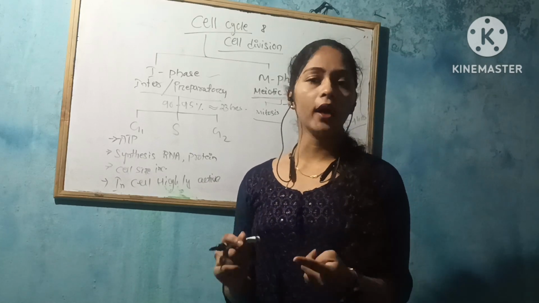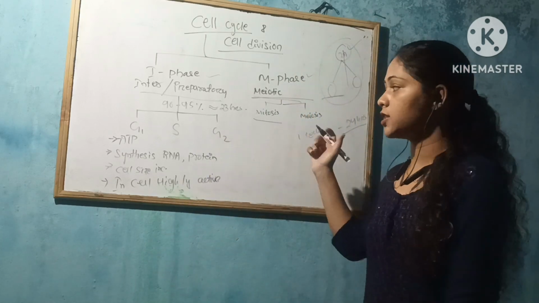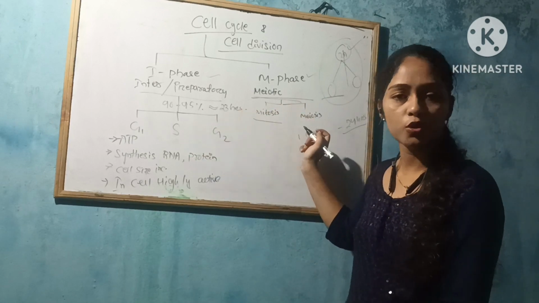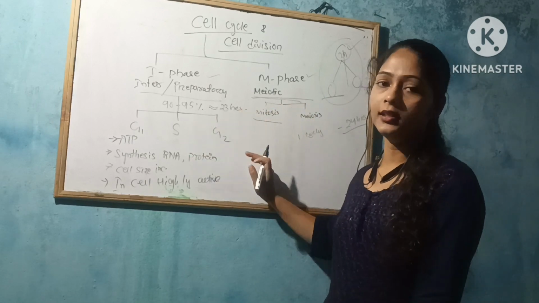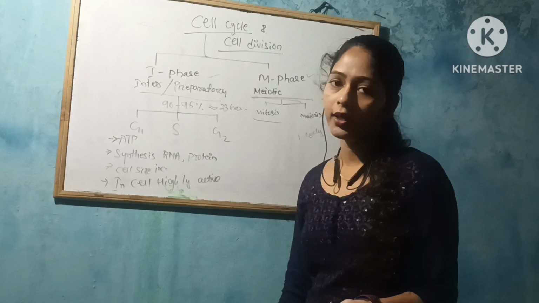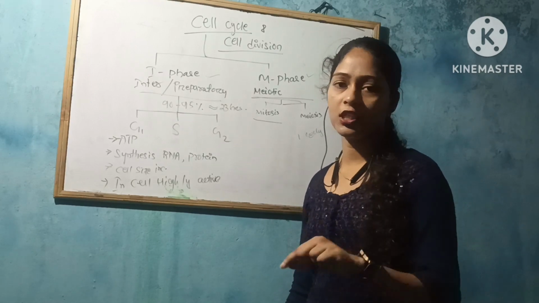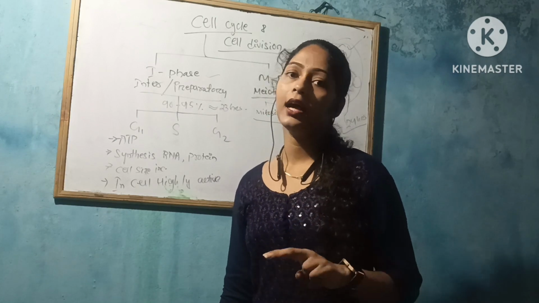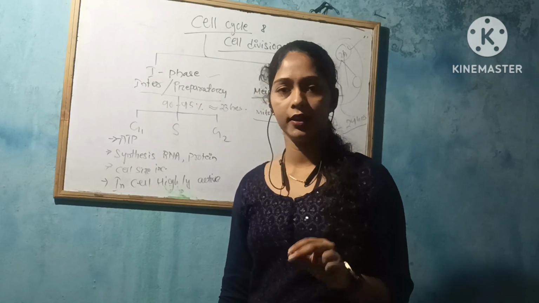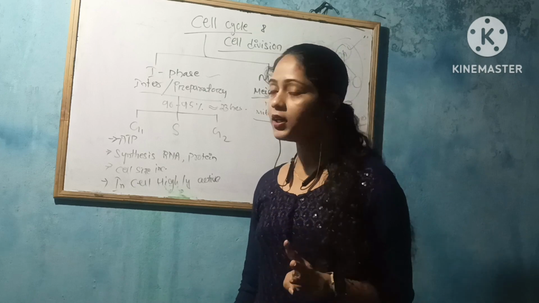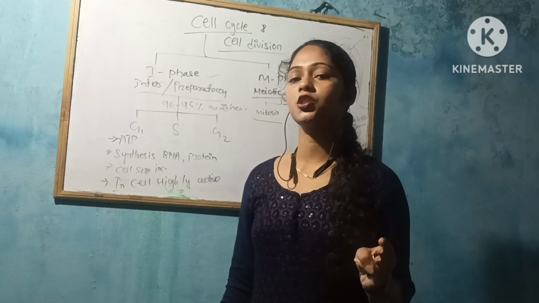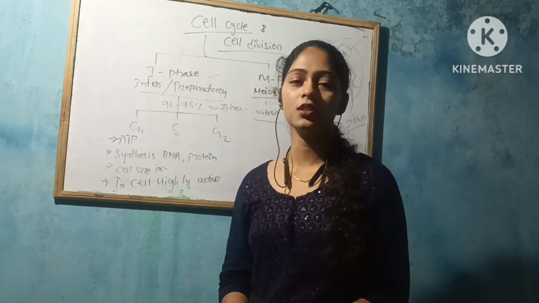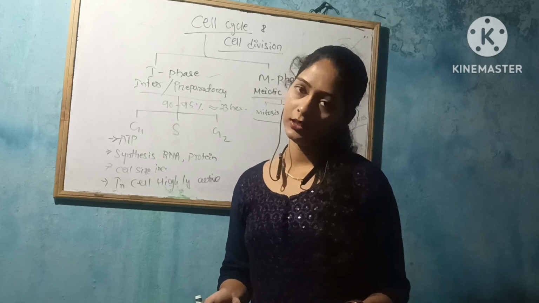ATP is required for the next phases like S phase, G2 phase, mitosis, meiosis, for the entire cell cycle. The amount of energy required is produced during G1 phase. Then second, synthesis of protein and RNA occurs during G1 phase. Third, due to the synthesis of RNA molecules and proteins, the cell size obviously increases.